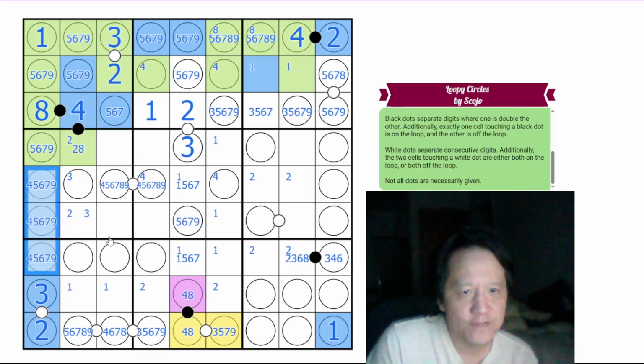This is a 4 off the loop in a circle. We have a 4 on the loop on a circle, 4 on the loop on a circle.